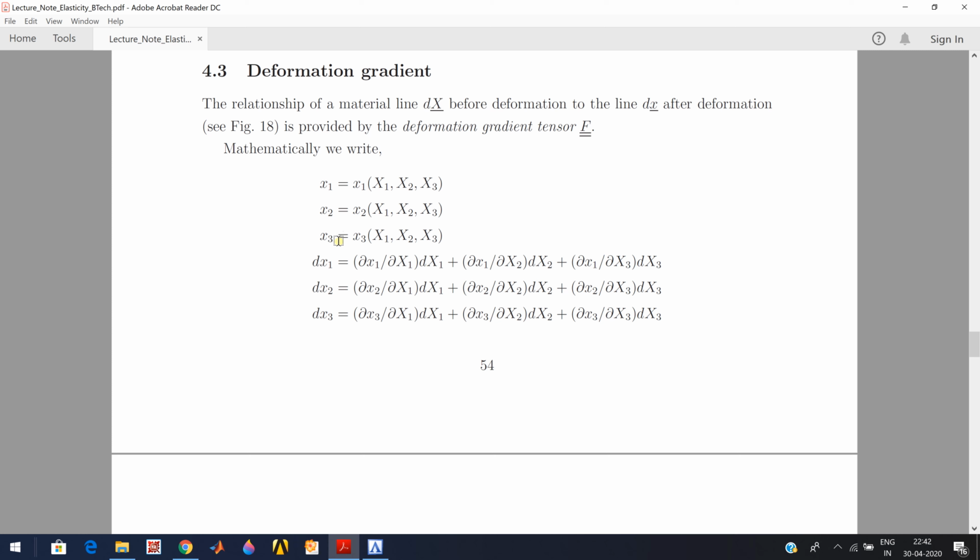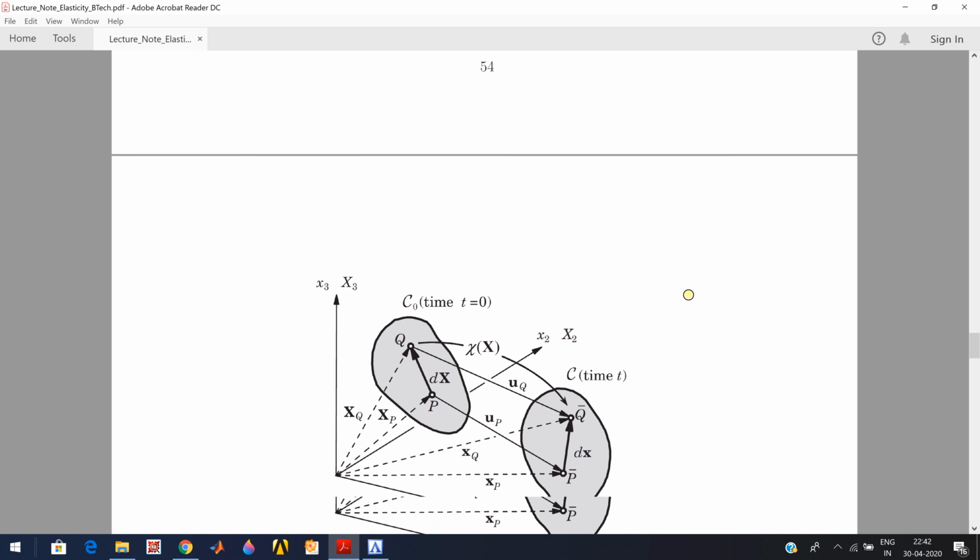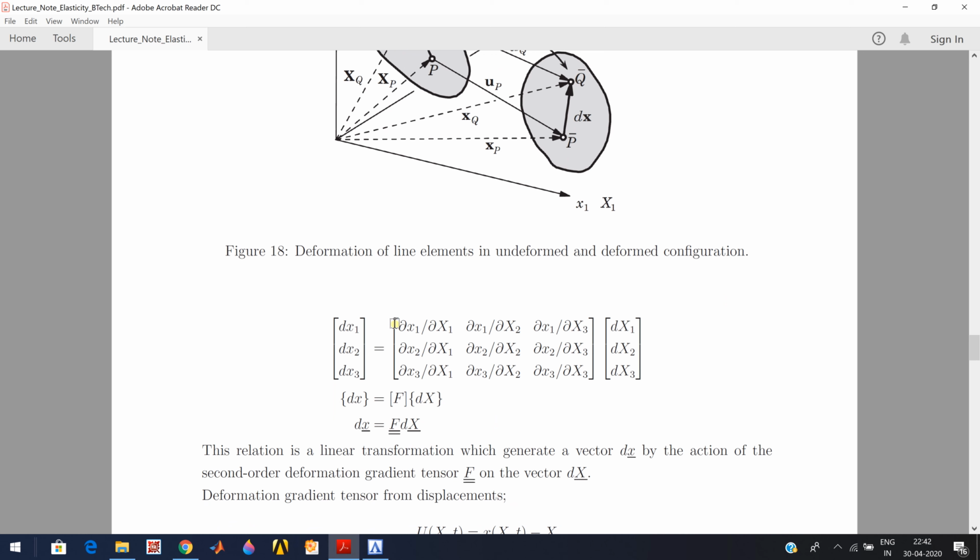So small x, x1, x2, x3, is a function of capital X1, X2, and X3. And then dx1 by chain rule will be expressed as this. dx2 and dx3 are similarly expressed. And then if you arrange them, it can be arranged in this way.